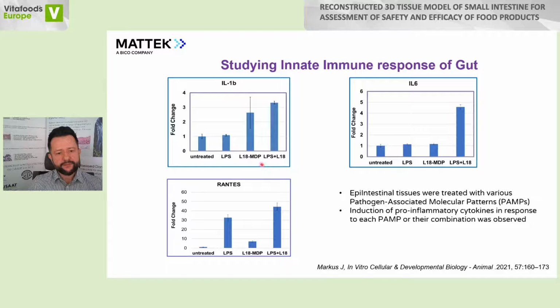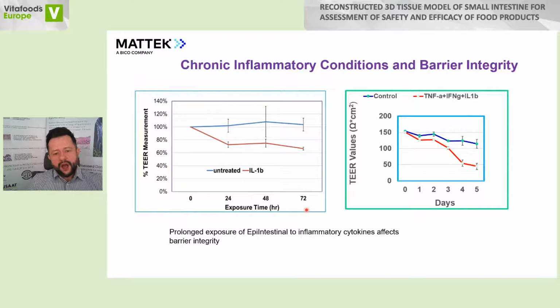But if the PAMPs were applied together, these two, muramyl dipeptide and lipopolysaccharide, the response was much more pronounced in terms of cytokine release, which has been described previously in vivo, and which was very interesting to see, such a physiological response.